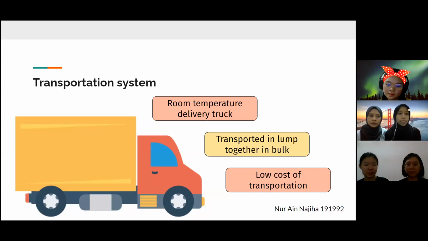Freeze-dried fruit enables easier handling at lower cost due to the reduced bulk and reduced space needed for storage and transportation, and it can be stored at ambient temperatures too. So that's why there is low cost for the transportation.